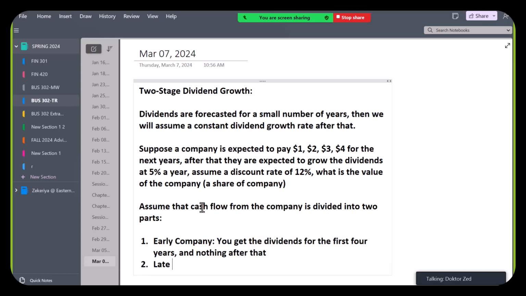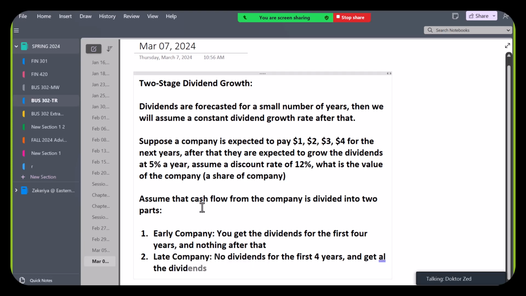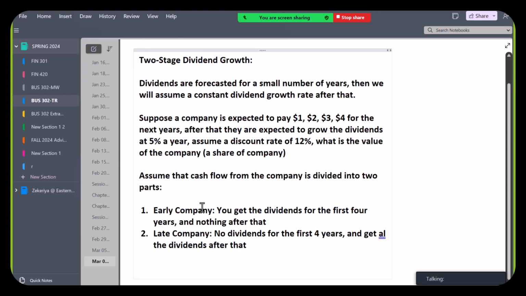The second one is the late company. If you own the shares of late company, you will get nothing for the first 4 years, and get all the dividends after that. Now, calculating a value for the early company is easy because you know exactly what you're going to get and exactly for how long.